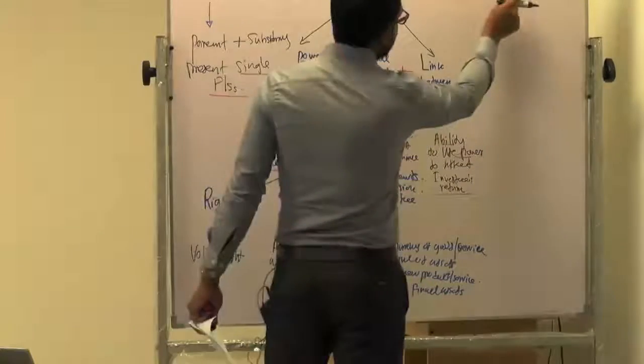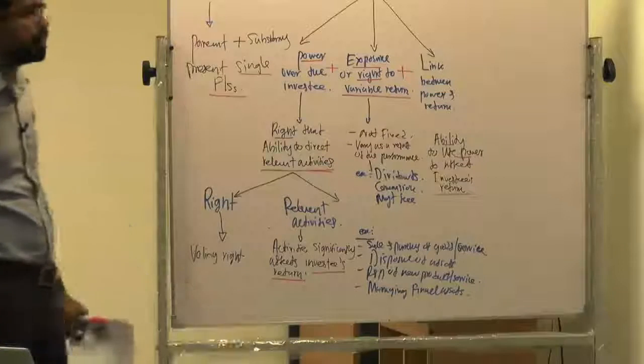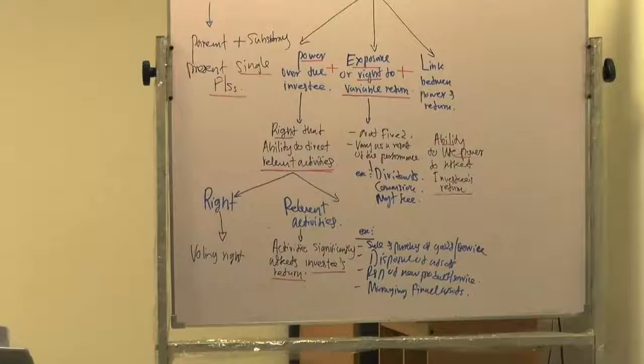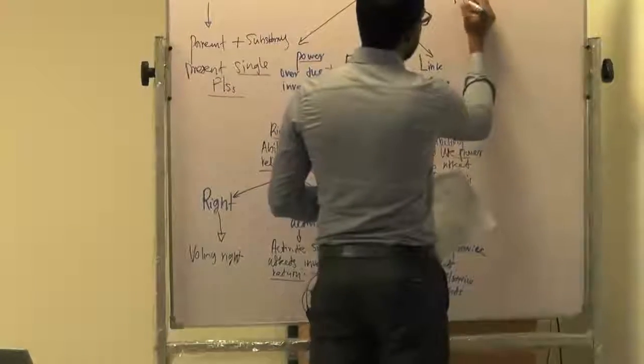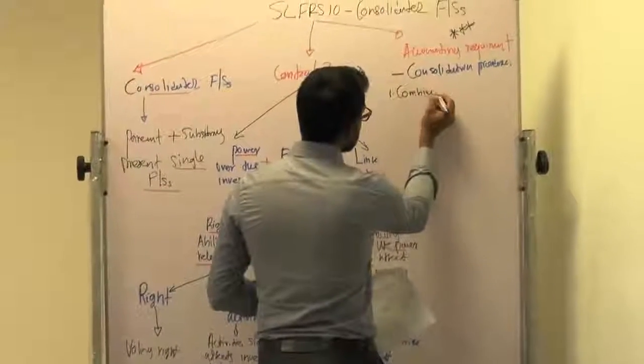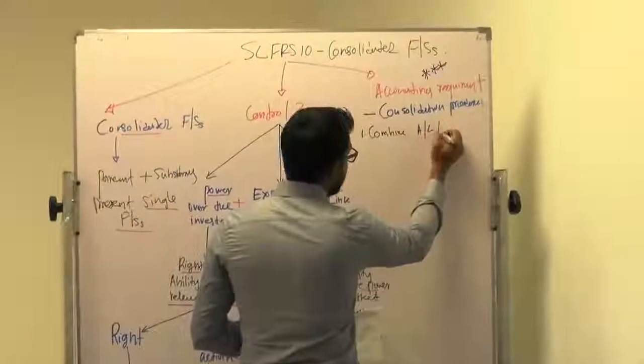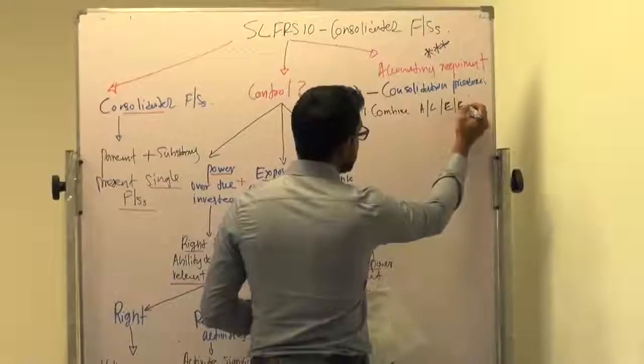Your lecturer explained how you prepare consolidated financial statements by referring to the standard. The standard explains three things. When you prepare consolidated financial statements, the first procedure is to combine assets, liabilities, equity, expenses and income.